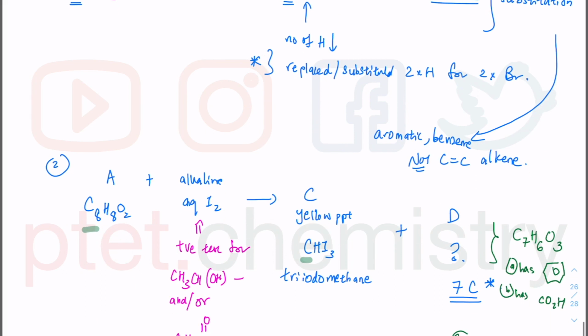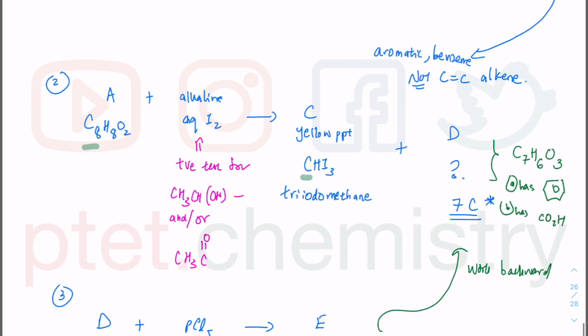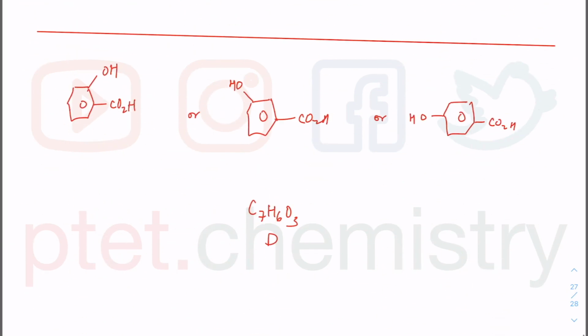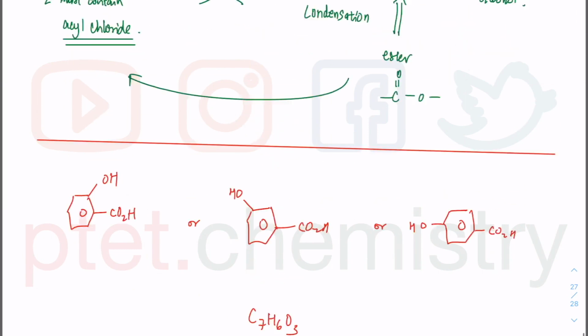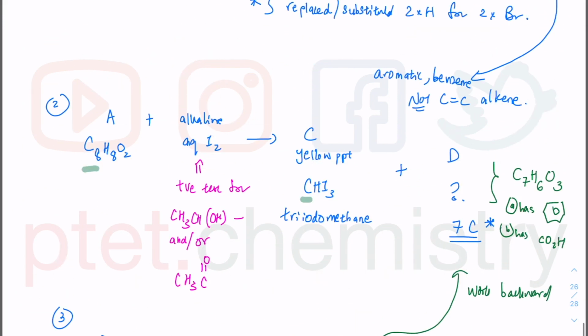So if I have D as one of the 3 possibilities, and then I have A as C8H8O2, I need to try and put in, is it this group or is it this group? A is C8H8O2. Am I correct? C8H8O2.